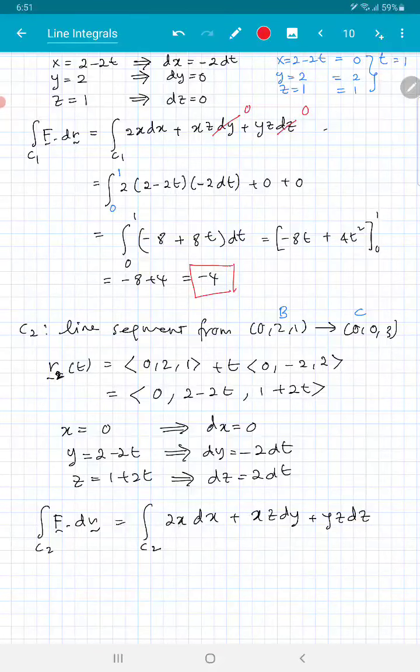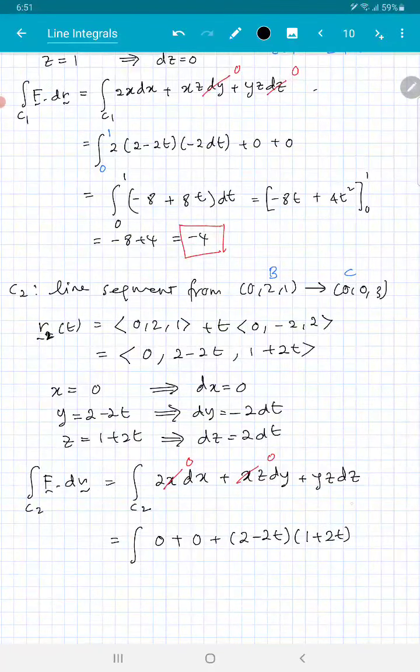So this part here is going to be 0 because x is 0. And here we also have x in it, so this one is also 0. So we only need to evaluate yz dz. So this is going to be equal to 0 plus 0, and then y will be replaced by 2 minus 2t, z will be replaced by 1 plus 2t, and dz will be replaced by 2 dt.